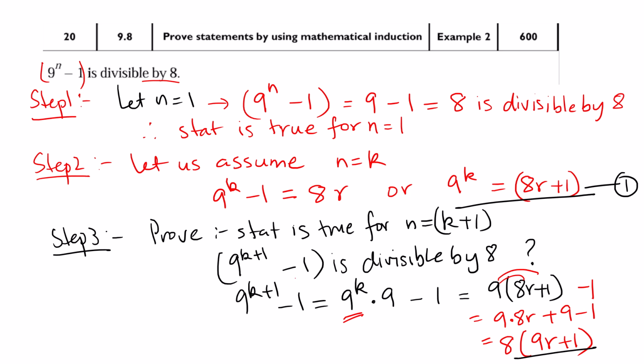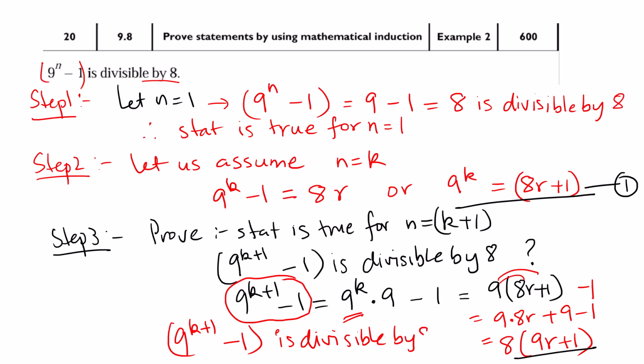Therefore, this thing, 9^(k+1) minus 1 that we started with, which is equal to this, is also a multiple of 8. Therefore, we can show that 9^(k+1) minus 1 becomes divisible by 8. So by the principle of mathematical induction, this question is proved.